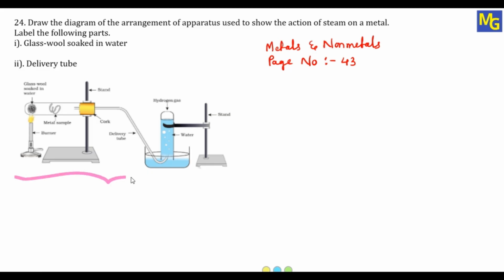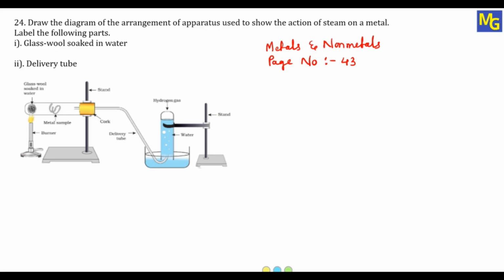Therefore, I have taken this diagram from the NCERT book, which has all the labelings. So whenever you practice at home, practice with all the labelings. But whenever it is asked in the exam, read the question and see what is asked. Here in this question, they have asked only two, so in the exam you have to answer only two. No need to write all the labelings. Only for practice purposes, practice all the labelings. So I hope you understood question number 24.